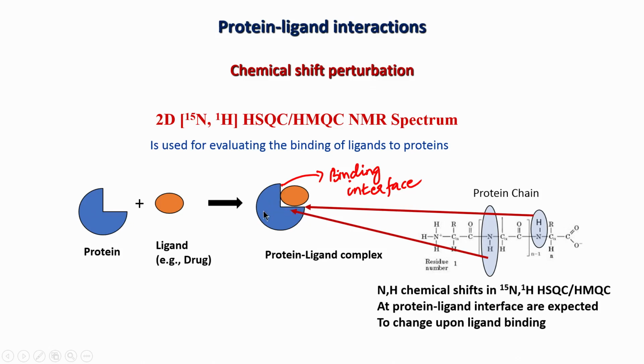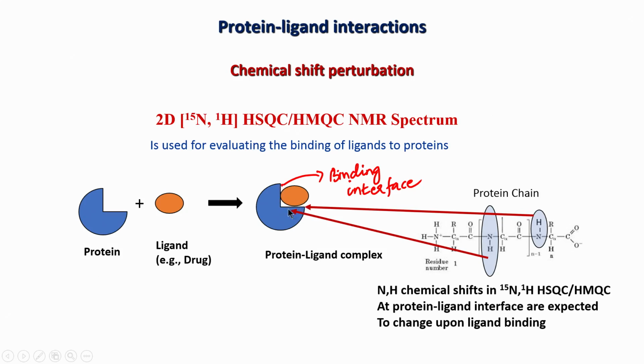Now, what about the amino acids inside the protein? There we do not expect much change because they will not be affected by a ligand which is sitting far away. Only the ones close to the binding interface are the ones we expect to undergo some change in the chemical shift.